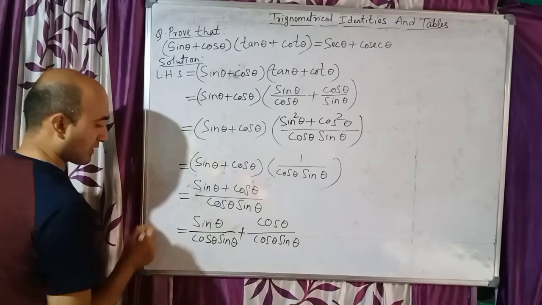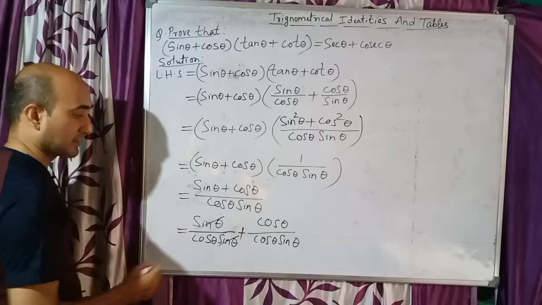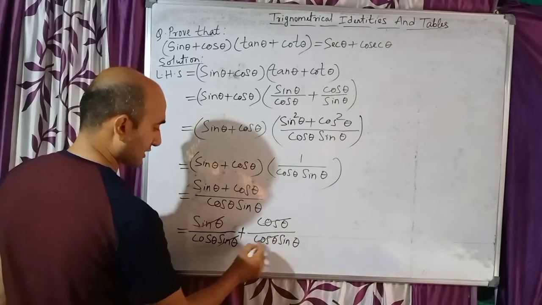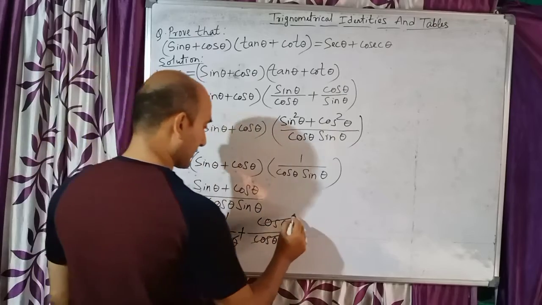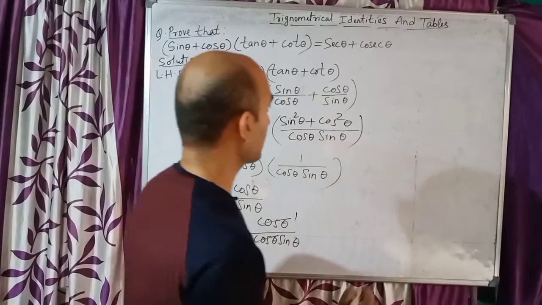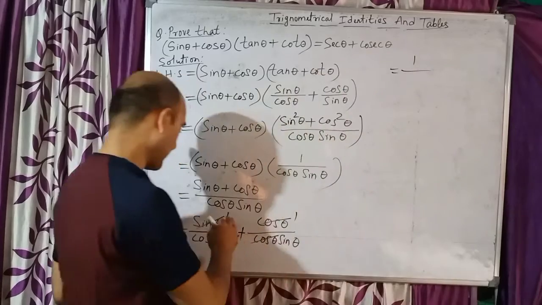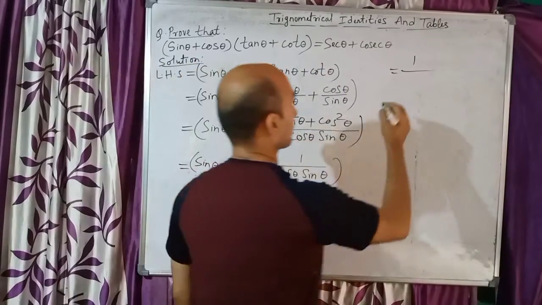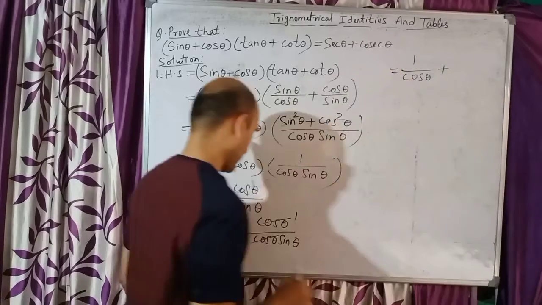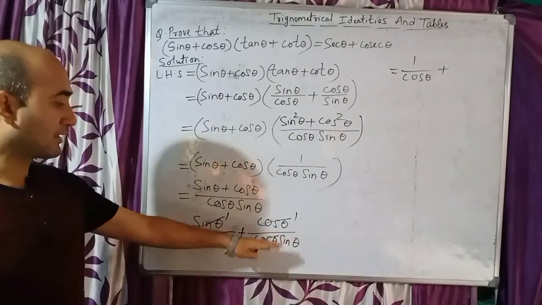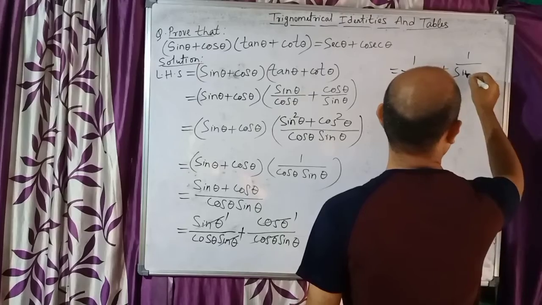By writing this, sin theta got cancelled, and here cos theta got cancelled. Now in the upper part there will be 1, here also 1. So our answer will be 1 by cos theta plus 1 by sin theta.